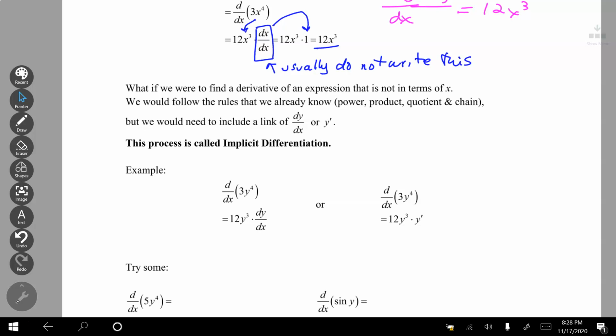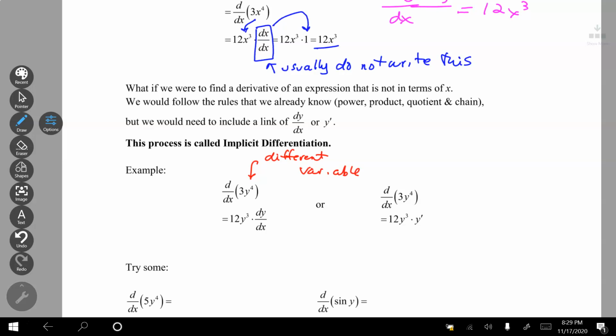When we're finding dy over dx, or the y prime, what happens if we want to do the d dx, or the derivative of 3y to the fourth? So this is a different variable than what's in the denominator.